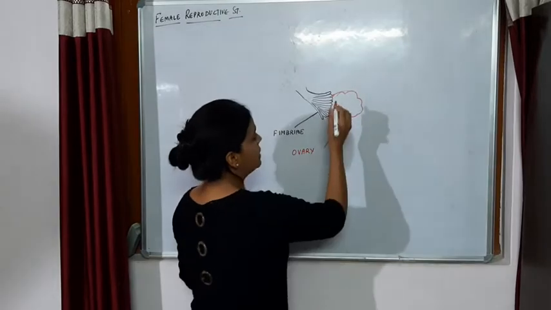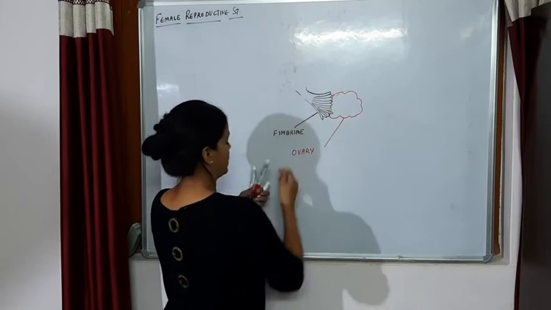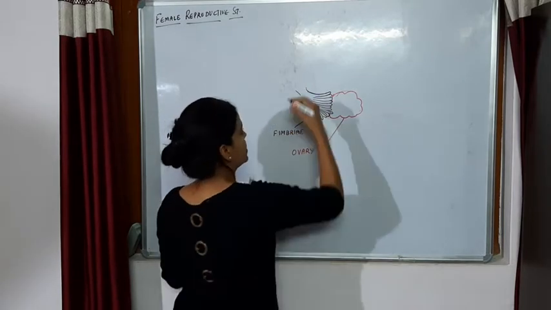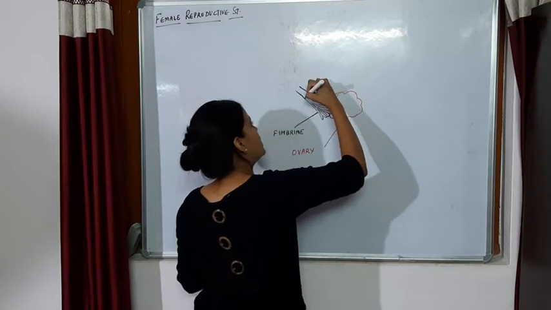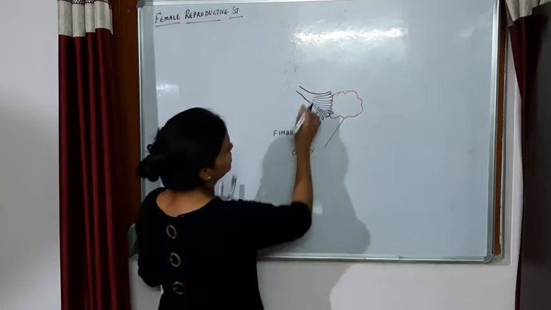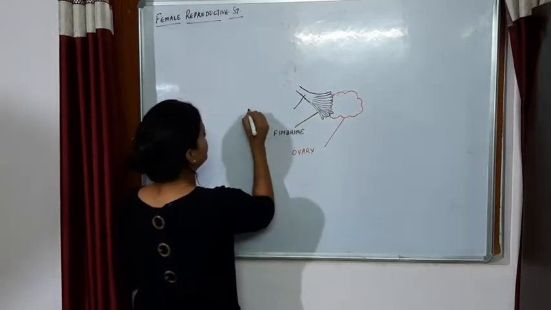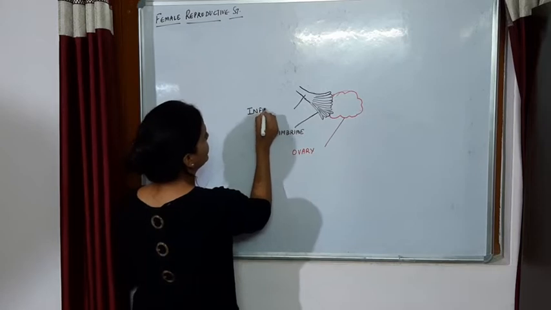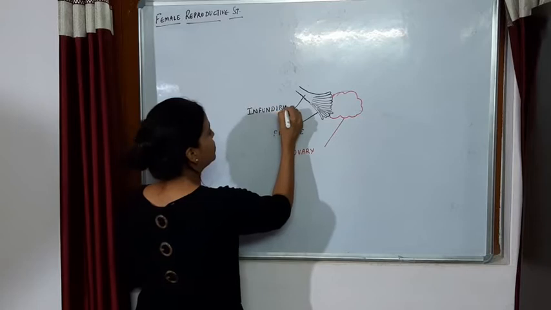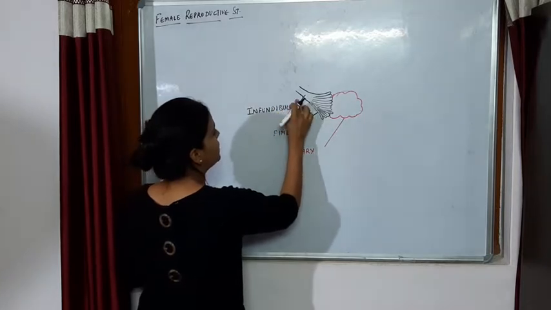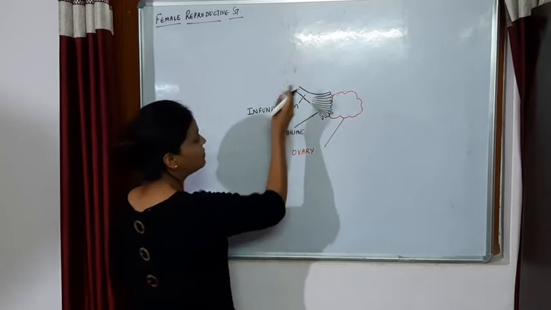Now these fimbriae open into this funnel-like structure. This funnel is narrower, and this funnel-like structure is called the infundibulum. So this structure is the infundibulum after the fimbriae.